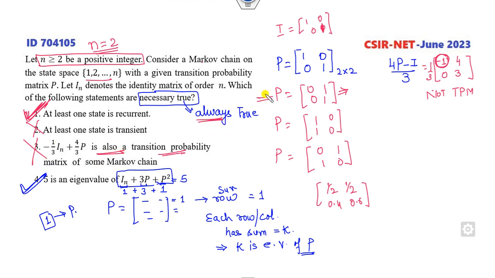If I consider this matrix, then it is not a TPM. So this option is also cancelled. So the right answers are 1 and 4. Although it's given as some Markov chain, the above statement is always true. So you can think about any matrix, but it is always true here. But this is not true as I consider this example.